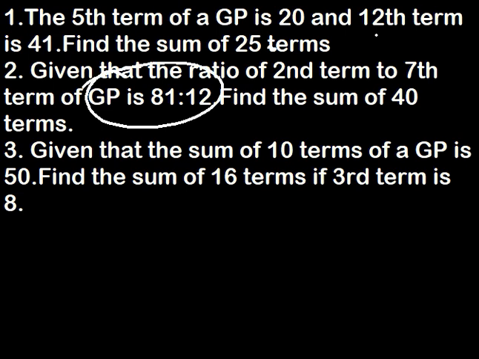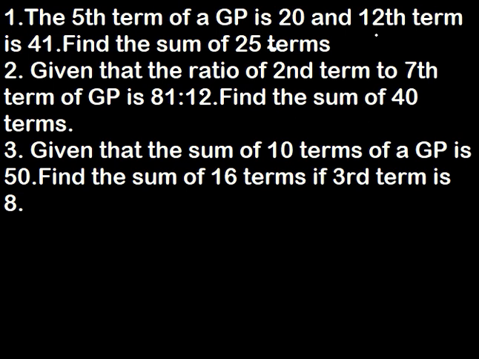And let's go for the other example here. Given that the ratio of the second term to the 7th term of a GP is 81 to 12, find the sum of 40 terms.